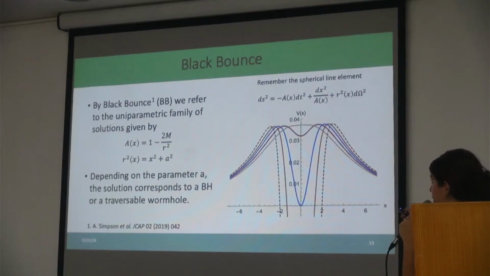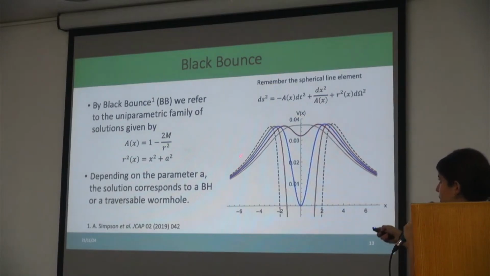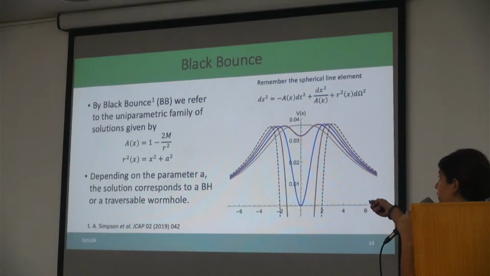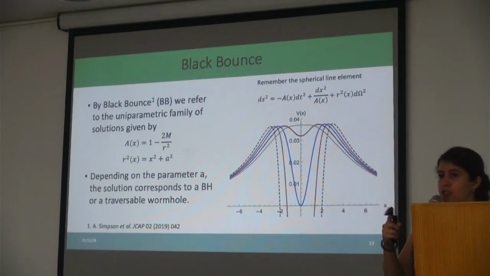As we increase the parameter a, what we can see is that this is a non-traversable wormhole, and here we have a traversable wormhole. Okay? And we are going to check the black hole, the non-traversable wormhole, and the traversable wormhole.